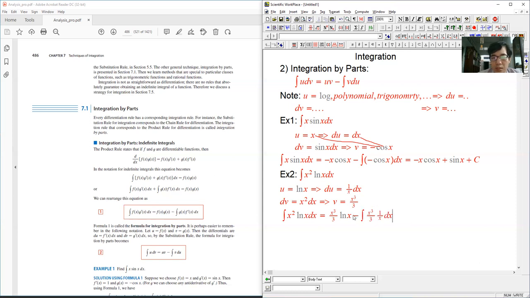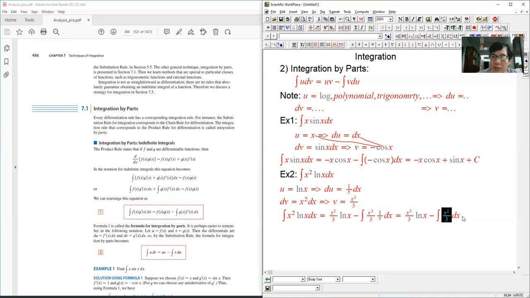So we keep this and minus. We simplify this integral: it equals x square, and we cancel x, so we get x square over 3, and we integrate this.